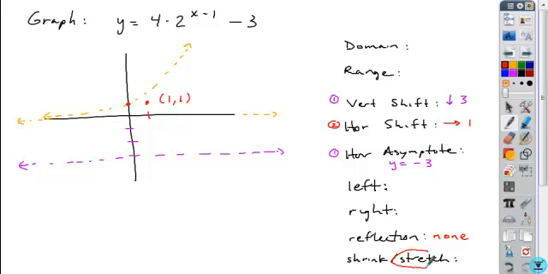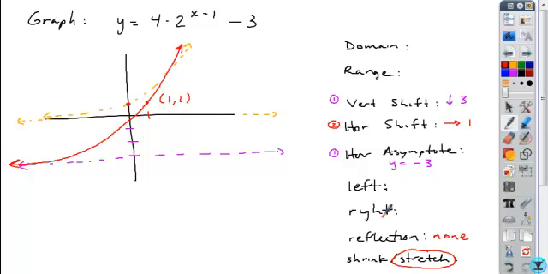It's greater than 1, so it's a stretch effect. Okay, and so our graph is still going to open up this direction. It's still going to approach this asymptote. And so this is what our graph looks like. It's still going to pass through that critical point.